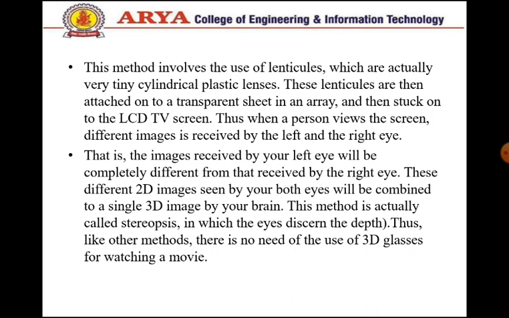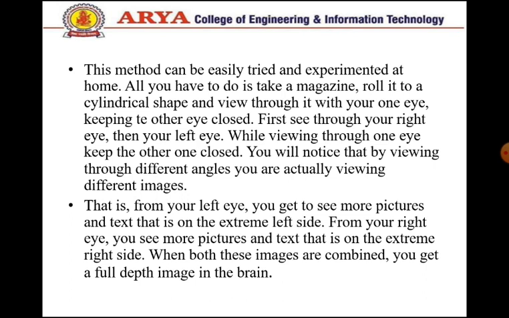This method is called stereopsis, in which the eyes discern depth. Thus, like other methods, there is no need to use 3D glasses for watching a movie. This method can be easily tried and experimented with at home.